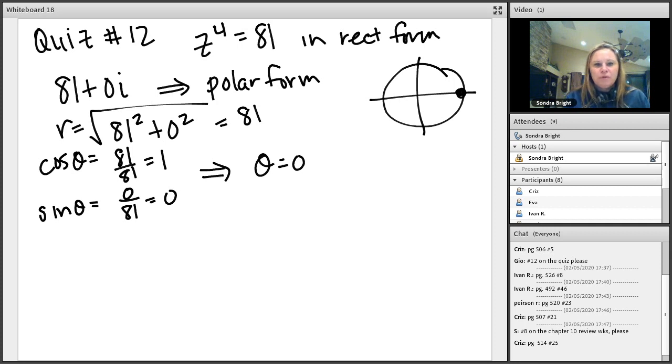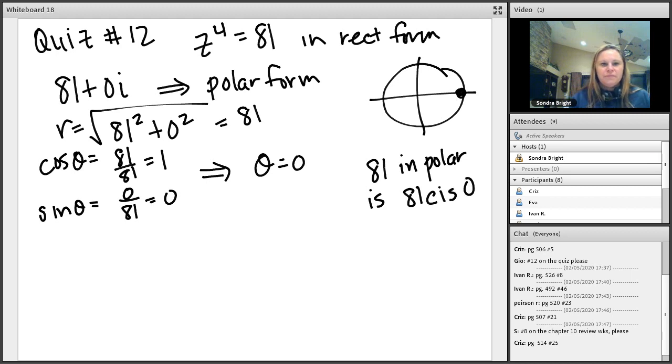So in polar form, 81 is 81 cis 0. And we want to solve z to the fourth. So we've got z to the fourth is equal to 81 cis 0.